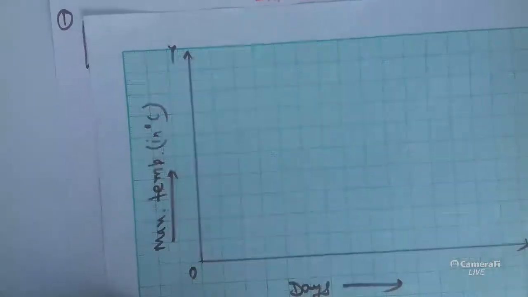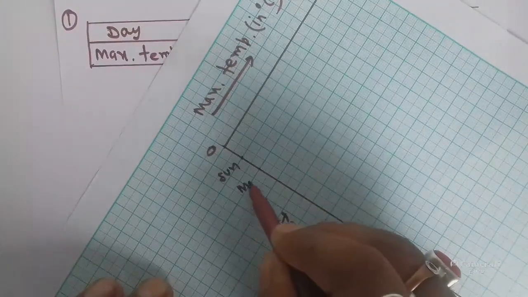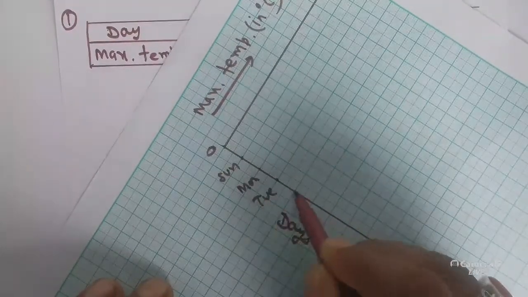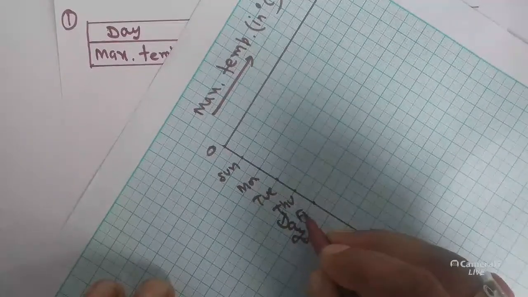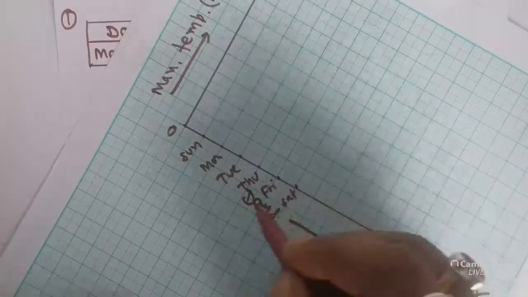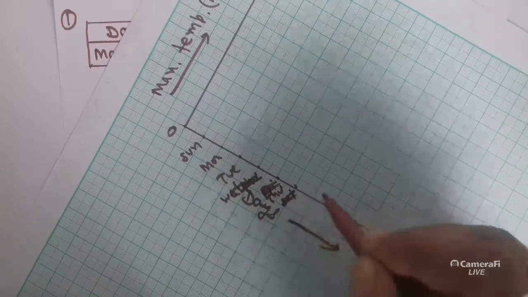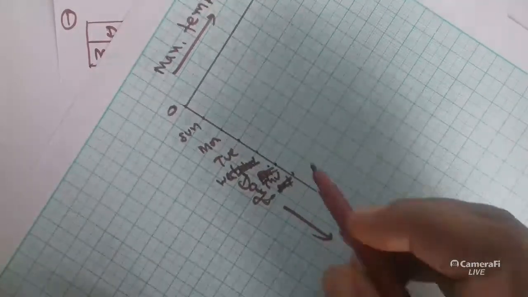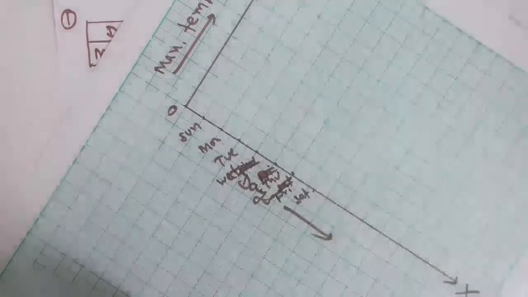So first we have to take Sunday, then Monday, then Tuesday, then Wednesday, then Thursday, then Friday and then Saturday.